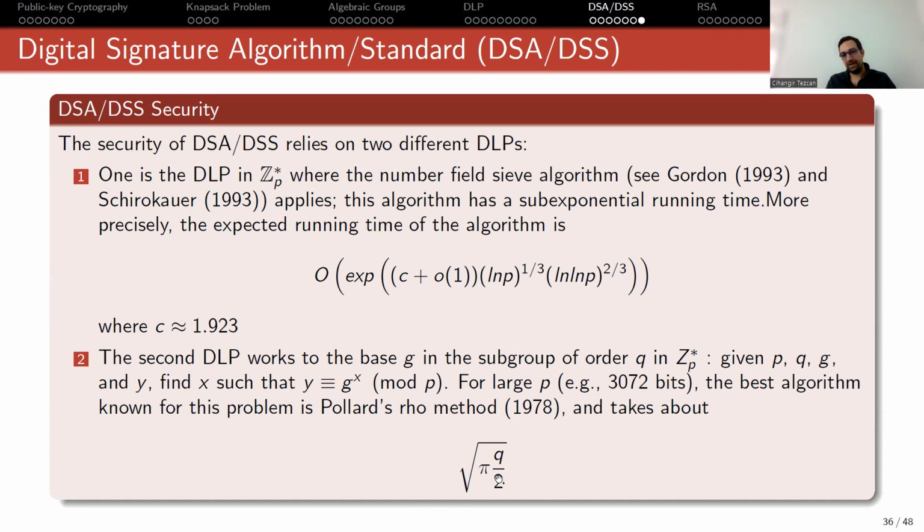This is why I'm forcing you to choose P as 3072 bits if you want 128-bit security, due to the number field sieve algorithm, which is sub-exponential. Also, you choose Q as 256 bits due to the square root coming from Pollard's rho algorithm. Okay, this is the main mathematical reasoning behind all of these choices.